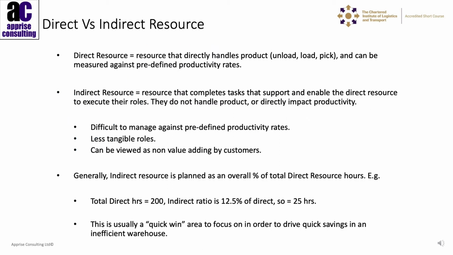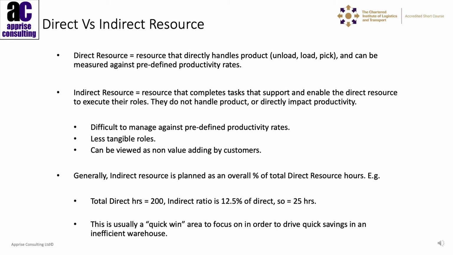Here we discuss direct versus indirect resource. With direct resource, this is resource or operators that directly handle the product, unloading, picking, loading, for example. And this can be measured against predefined productivity rates, as we saw on the previous slide.